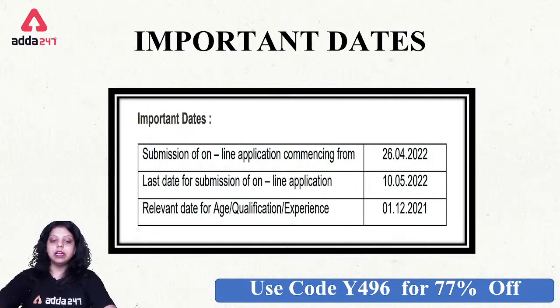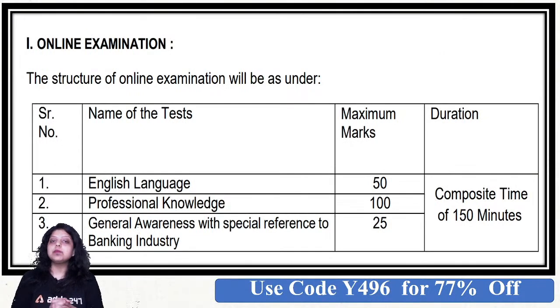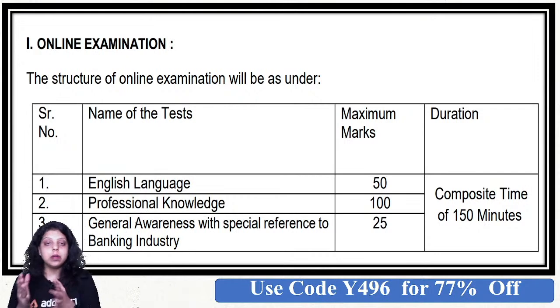Okay, now let's move forward and talk about the exam pattern and the selection procedure under Bank of India. The selection procedure is very simple and quite interesting. In this, you have to cover the English language, with maximum marks of 50. Then we have professional knowledge, which is always important. Professional knowledge is a very important subject when we are talking about specialist officers and credit officers.